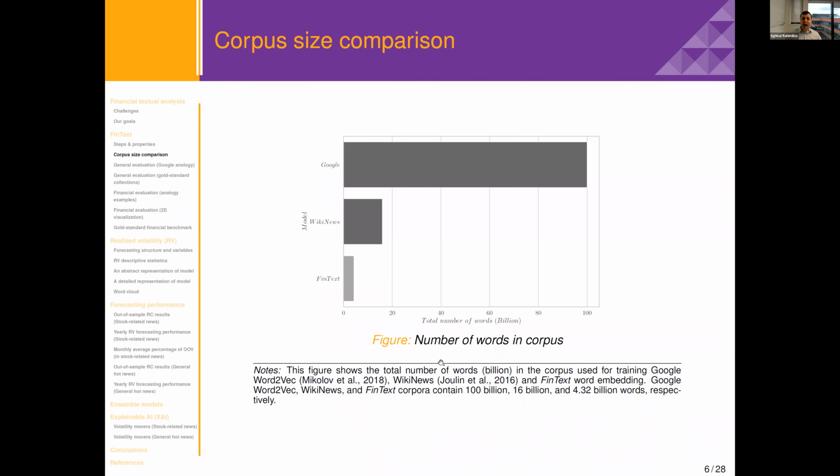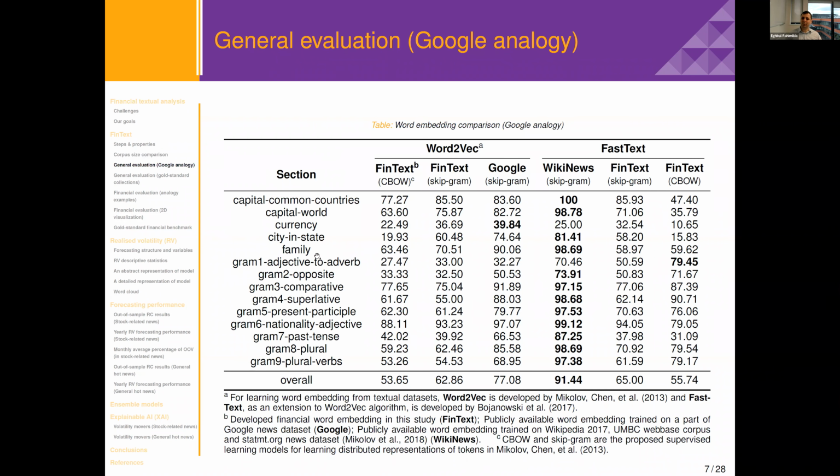And as you can see, if we consider the size of the corpus we are using, the Google model has the largest corpus, near 100 billion words. After that, we have Facebook, Wikinews, and after that, ours is the smallest one. When we apply some general benchmarks like the analogies developed by Google, this is for comparing word embedding at the language level. We can ask some questions from the word embedding, like city to state, like the question Los Angeles to California is like New York to.